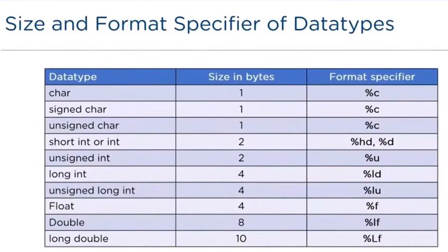Long int, size is 4 bytes, %ld. Unsigned long int, size is 4, format specifier is %lu. Float, size is 4, format specifier is %f. Double, the size is 8 bytes, %lf. Long double, size is 10 bytes, %Lf.